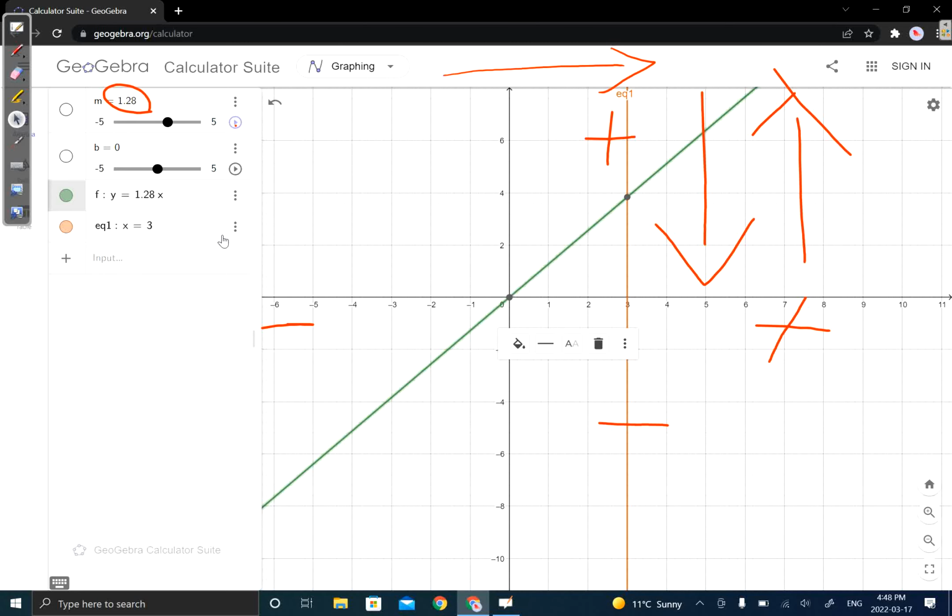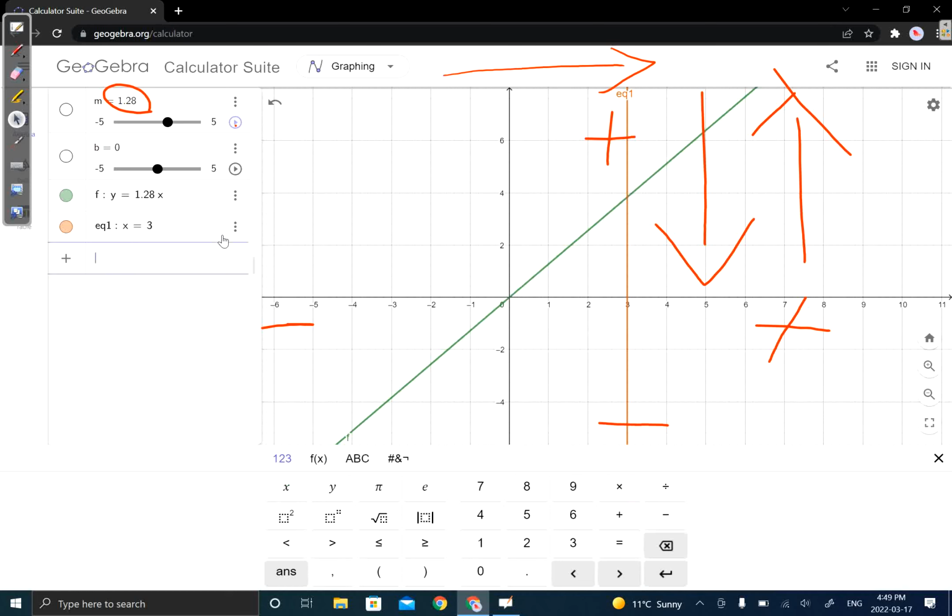So basically what that means is the slope of this line is undefined. Based on what we said, the slope of a line is basically what happens to our y when the x changes, and the x is not changing here at all. So the slope is undefined.